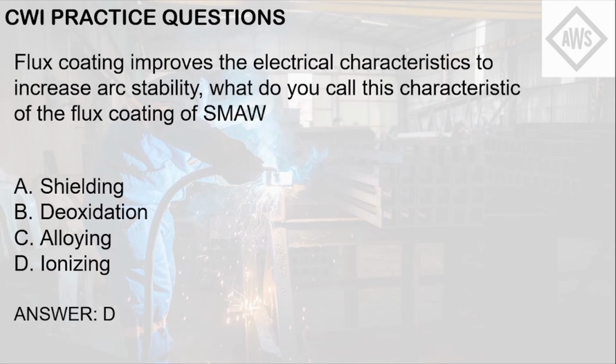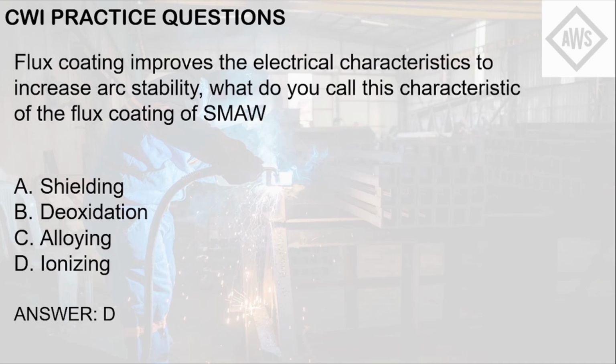So as I've mentioned in the previous question, shielding is the characteristic of SMAW wherein it prevents harmful gases from entering the molten pool of metal, from contaminating the weld and causing embrittlement. Deoxidation produces chemicals into the weld that will remove oxygen from the molten pool of metal.